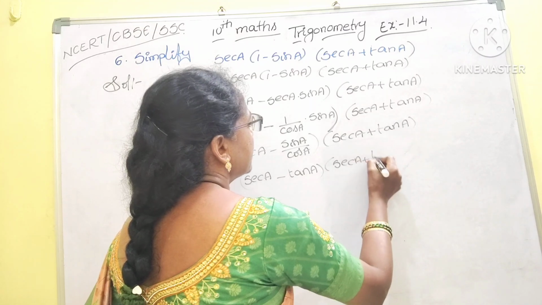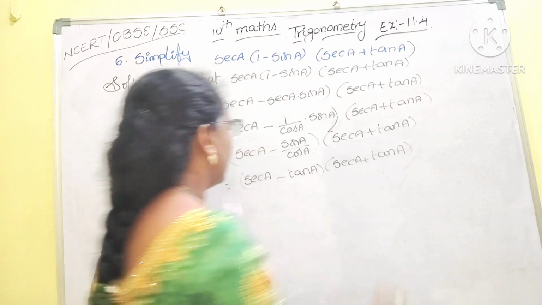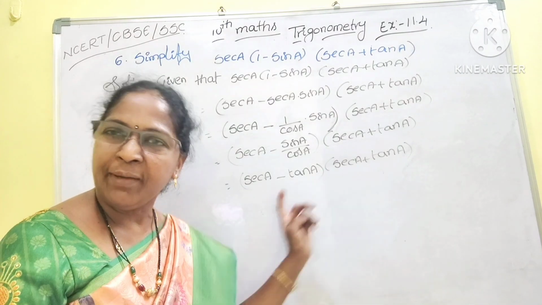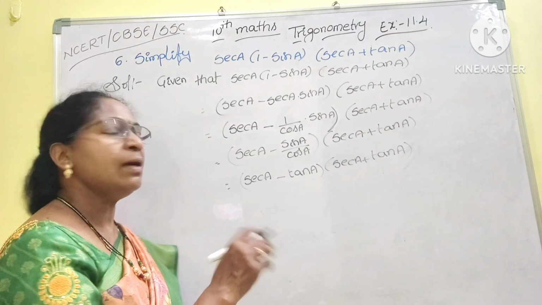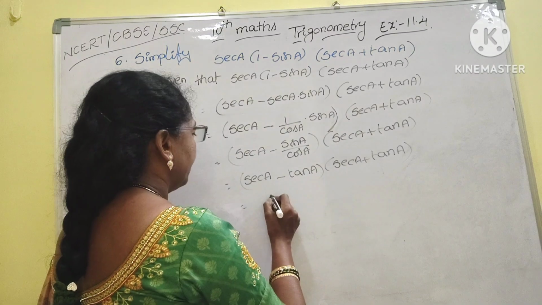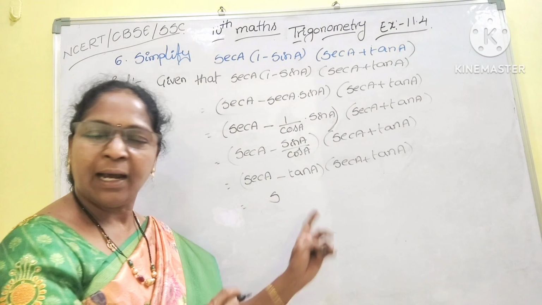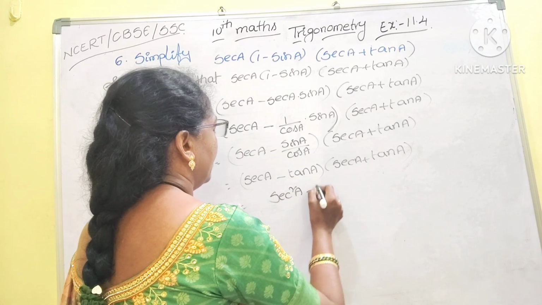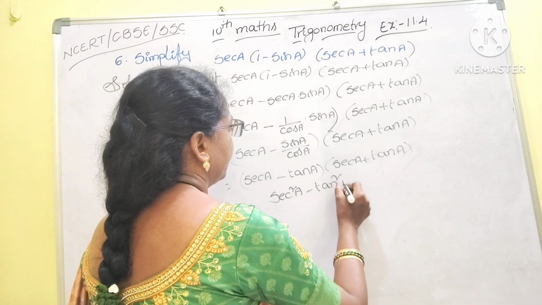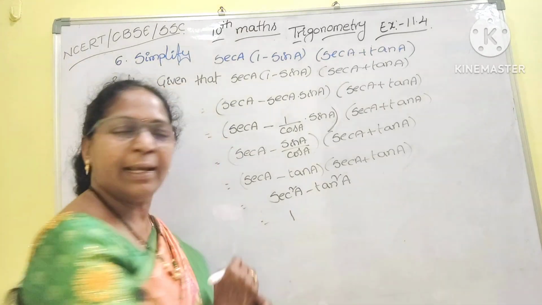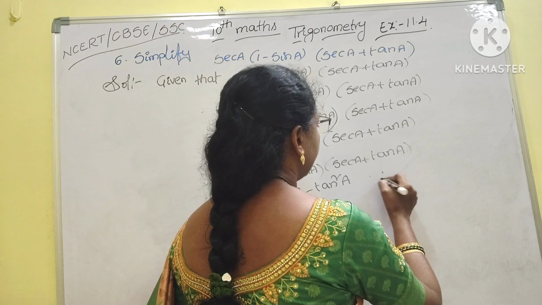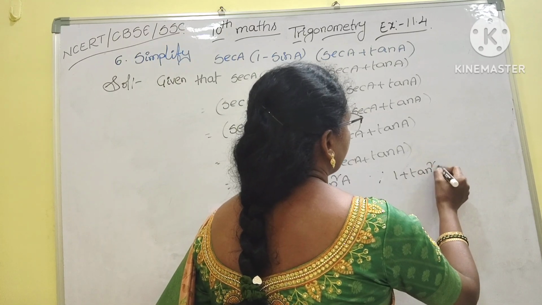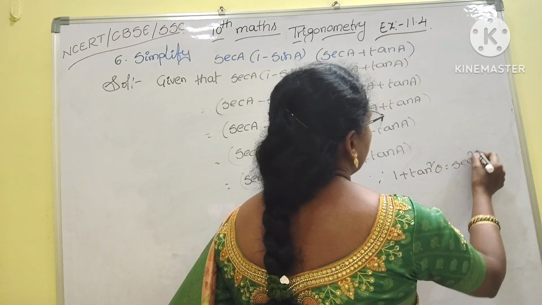Now, this is in the form of A minus B into A plus B, where A minus B into A plus B equals A square minus B square. So, here A is secant A and B is tan A. So, secant square A minus tan square A, that equals 1. According to the trigonometric identity, 1 plus tan square theta equals secant square theta.